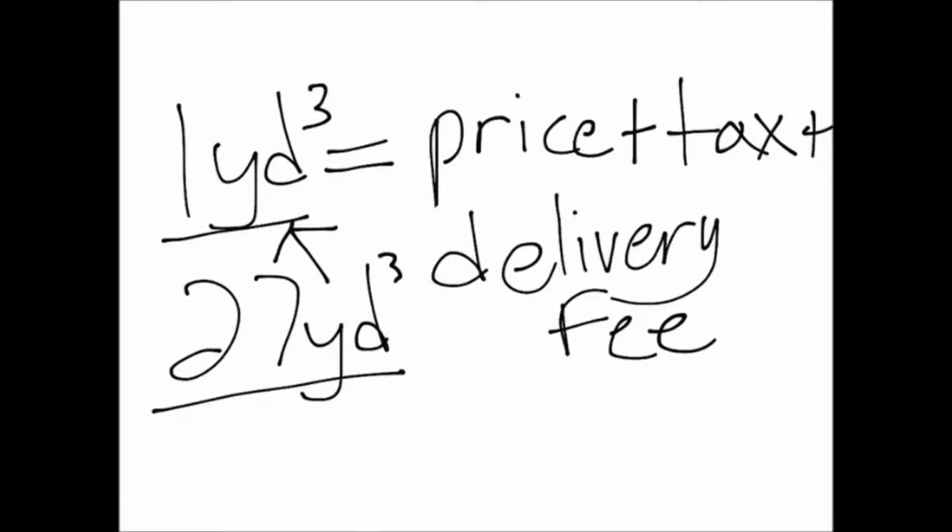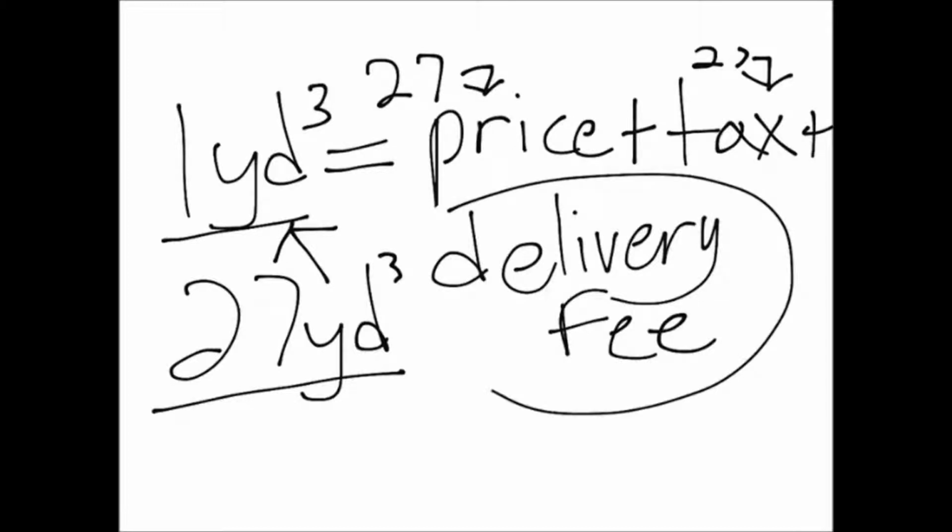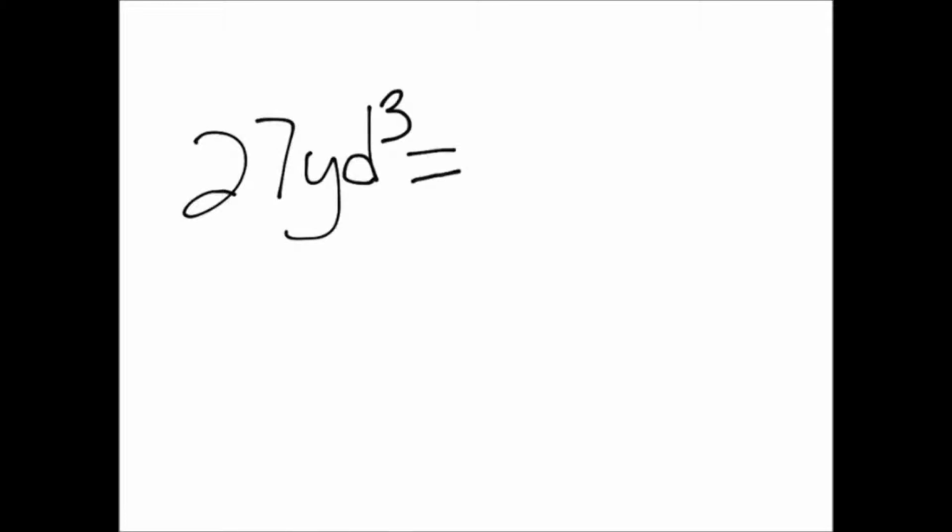So, what we would have to do is substitute the 1 yard of dirt for the 27 yards of dirt. And then we would also have to multiply 27 by the price and the tax. You wouldn't have to deal with the delivery fee because the delivery fee stays the same. So if you drew the equation with the 27 acting as a substitute for 1 cubic yard, it would look like this.